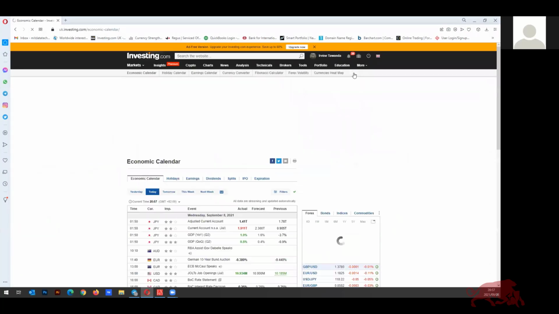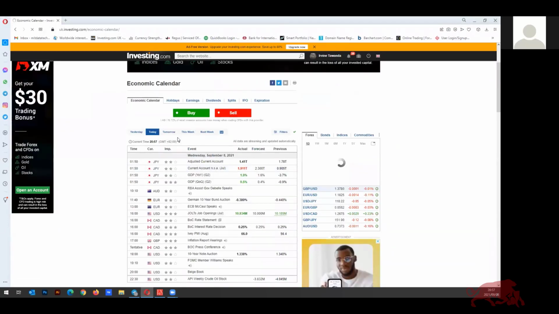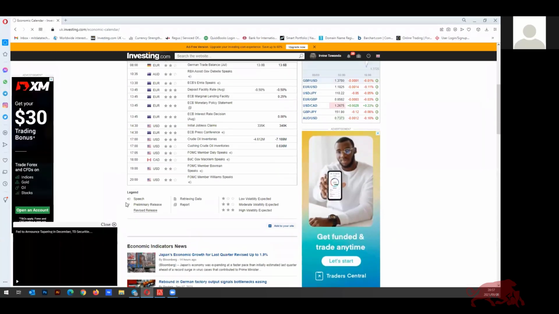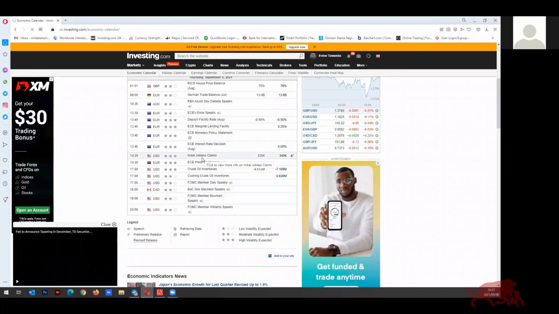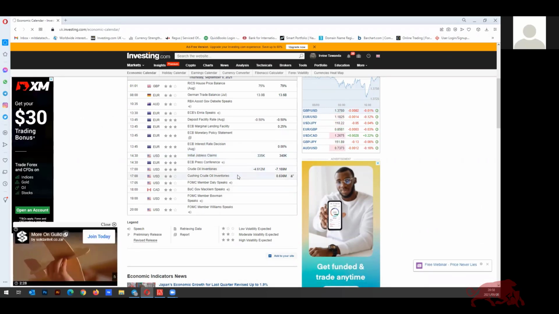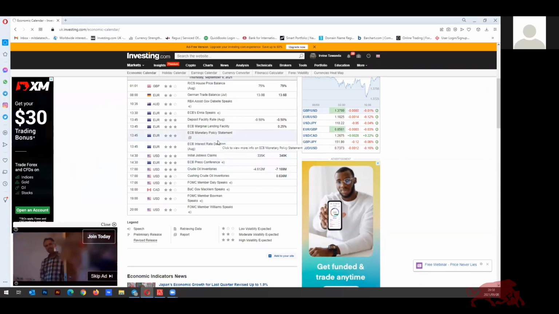It's only going to keep rallying. If we look at tomorrow, we've got initial jobless claims, crucial. We also have the ECB press conference and the ECB monetary policy, their rate decision for the euro. So you can see tomorrow is packed.